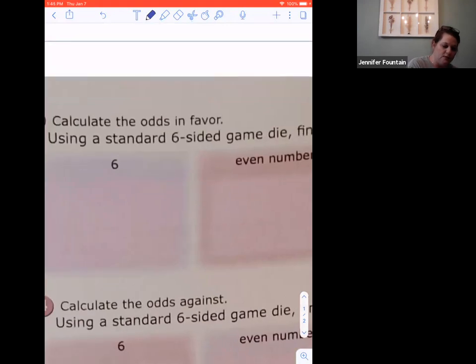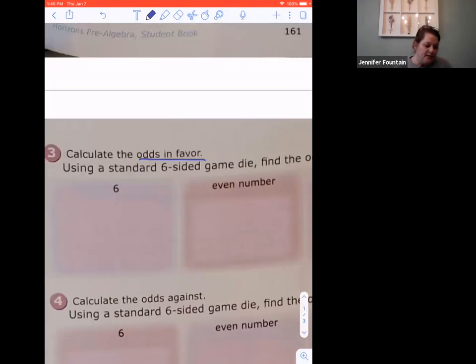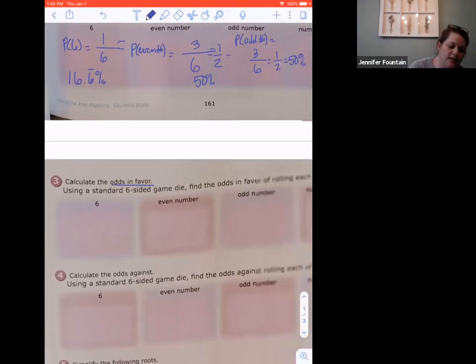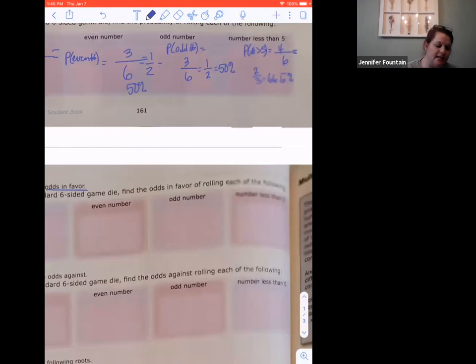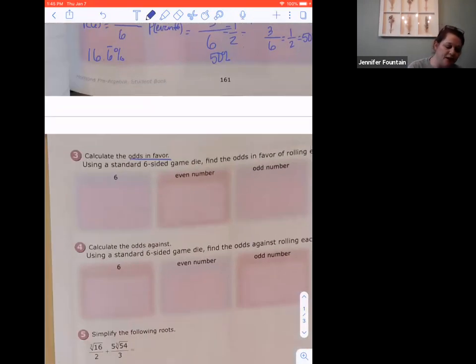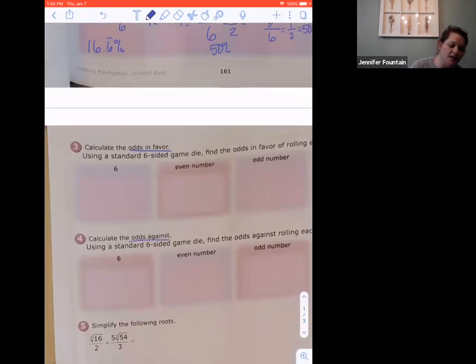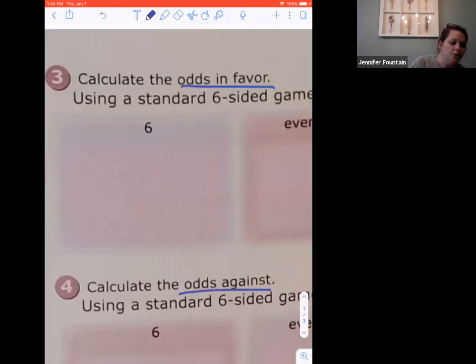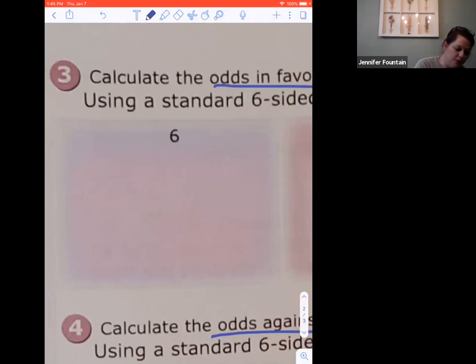So now we're looking at odds in favor. Again, standard 6-sided die. We're doing the exact same things that we just looked at, but we're looking at the odds in favor of it. And then in a minute, we're going to look at the odds against it. All right, so odds in favor of 6.